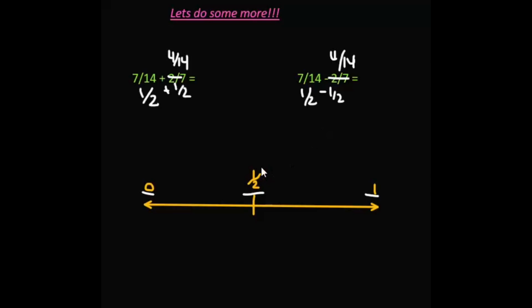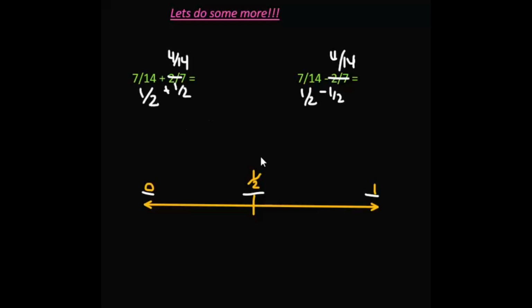Okay, so now what we're going to do is something different. We're not going to just subtract and add. We're going to use this number line. Okay, so now I'm just going to draw lines for each of the sevens. So we have about our 14ths. Or you know what? Let's just eyeball it. So we're just using about.